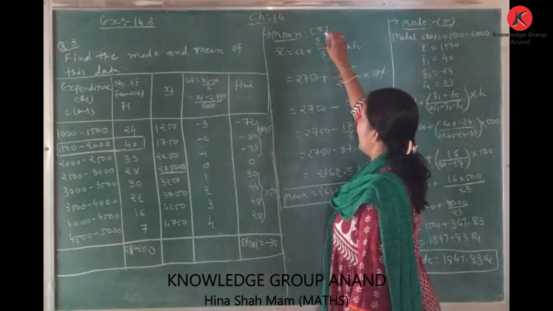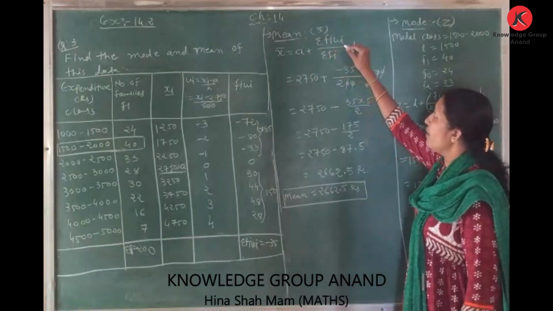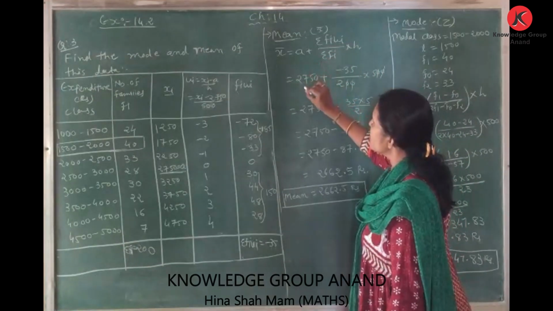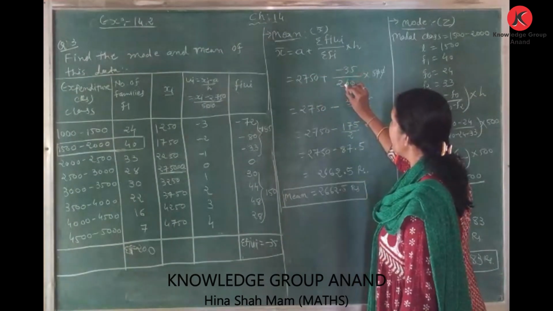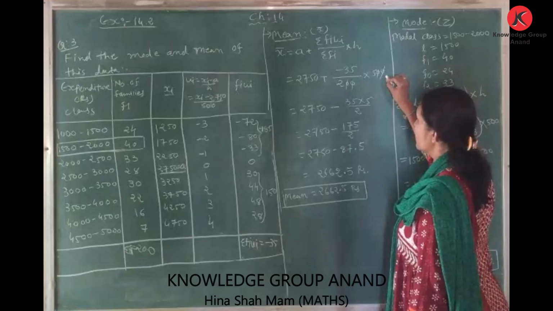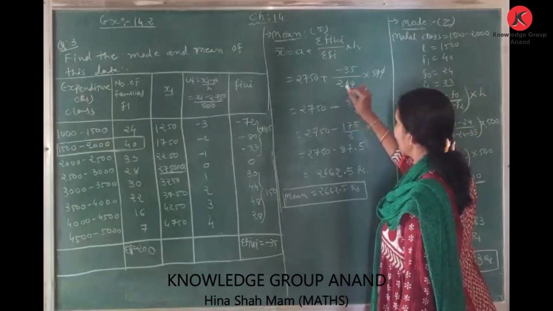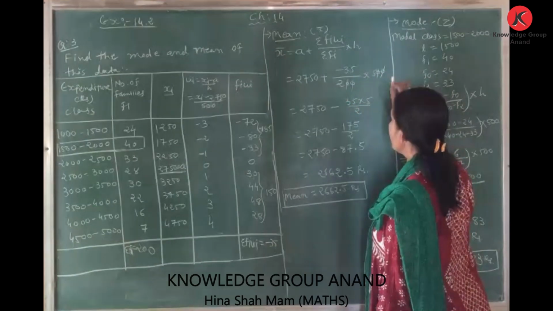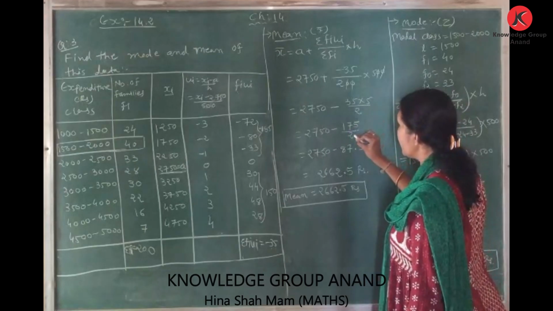Now find the mean, x bar. X bar is equal to a plus sigma Fi ui upon sigma Fi, into h. Put all the values: 2750 plus minus 35 upon sigma Fi, which is 200, into h, which is 500. 2750 plus minus 35 into 5 upon 2, cutting the zeros. 35 into 5 is 175 divided by 2.